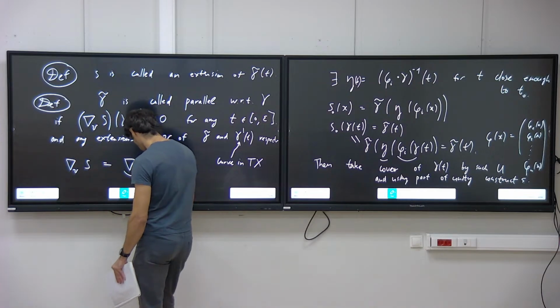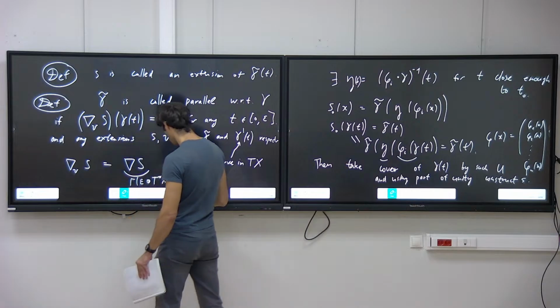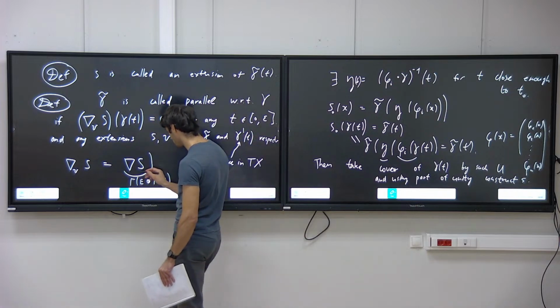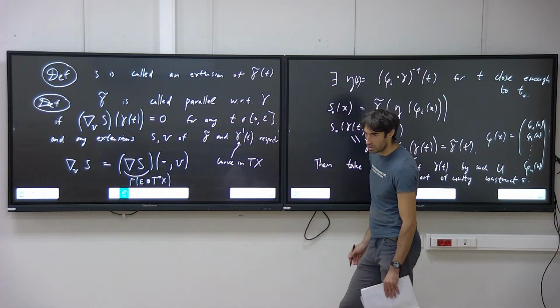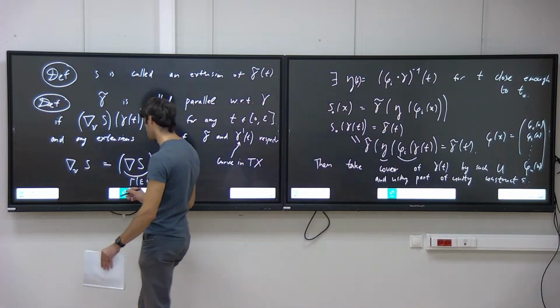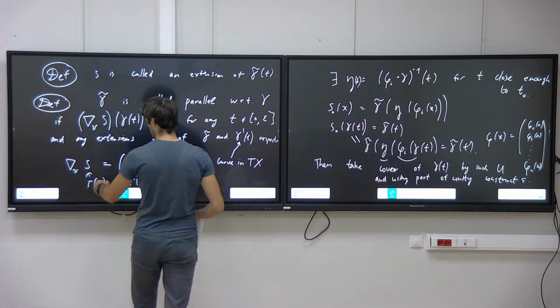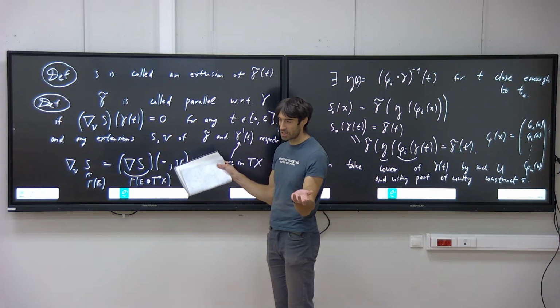So this guy belongs to the gamma of E tensor T star X. Right, and then I have this component, the second one, and I evaluate it on V, and then this becomes a section of E. When I keep it without V, it means that it's a differentiation of a section in an unspecified direction.